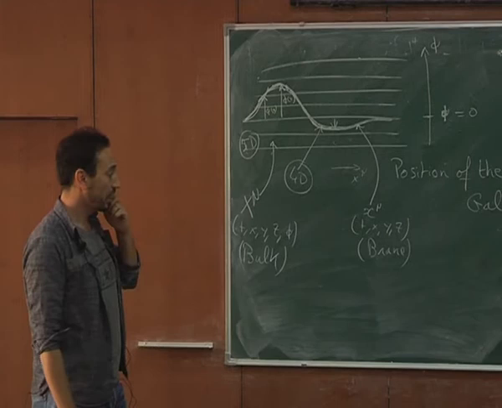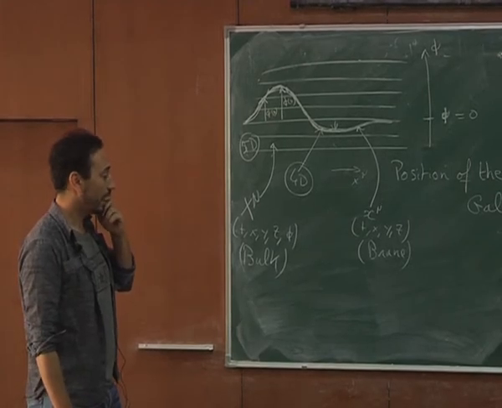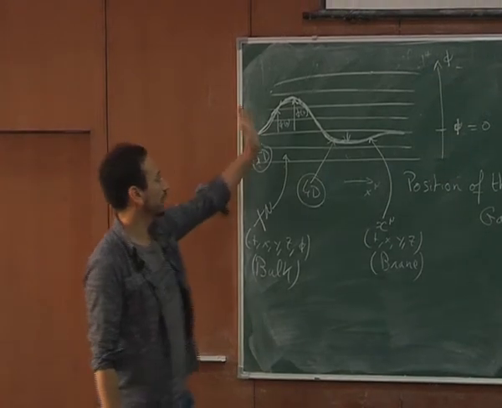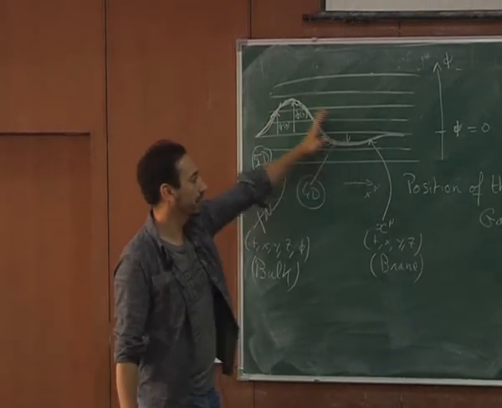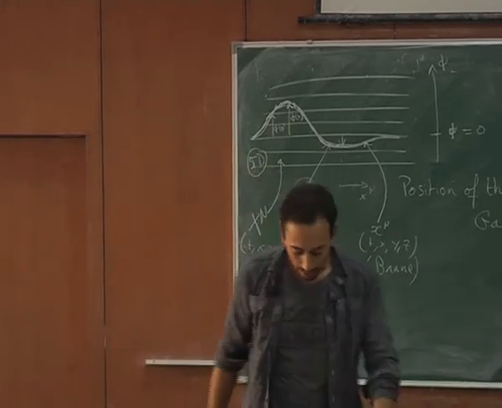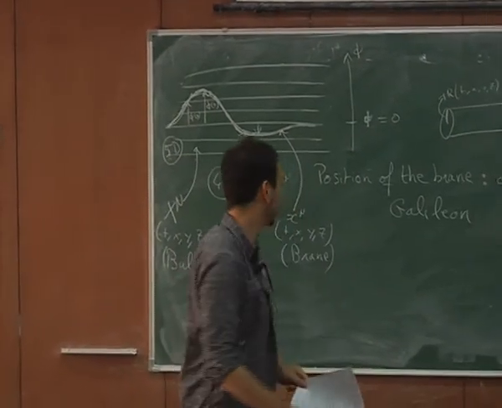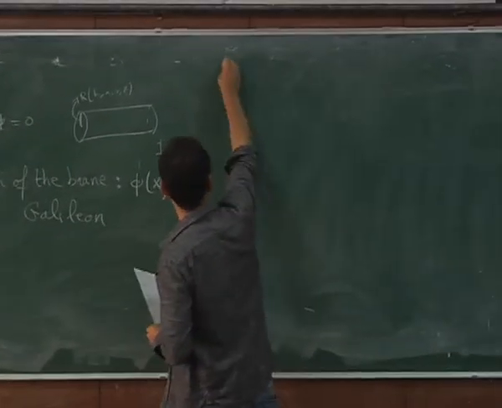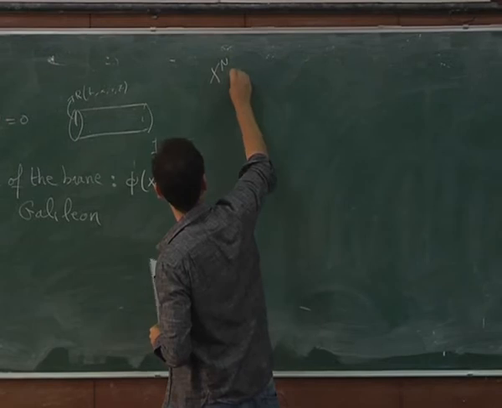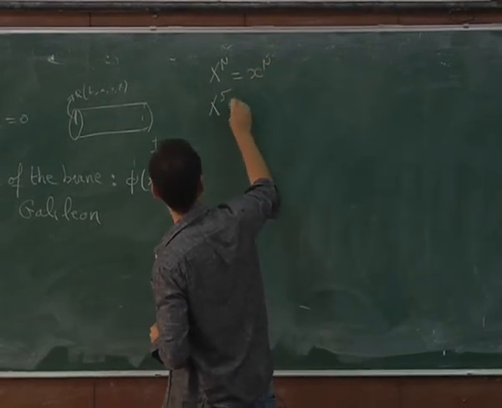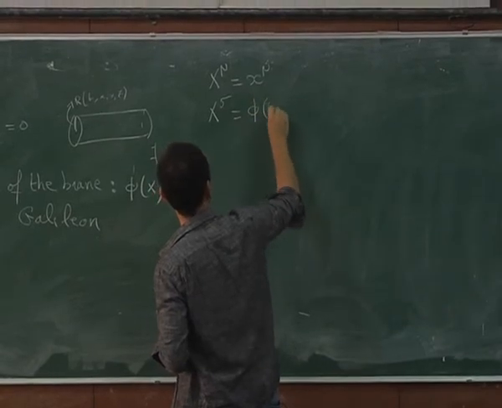Okay, so this morning we have seen how to calculate the extrinsic curvature of some hypersurface like that. So first of all, I need to define the position and then the equation of motion. The equation is that the X mu is going to be x mu, and the X5 is going to be phi of x.